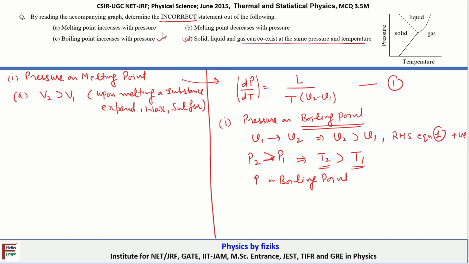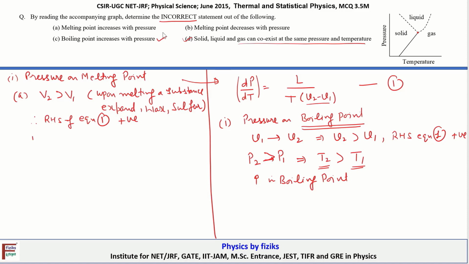So when V2 is larger than V1, V2 minus V1 will be a positive quantity, and therefore the right hand side of equation 1 will be a positive quantity. That ensures that the left hand side is also going to be positive.